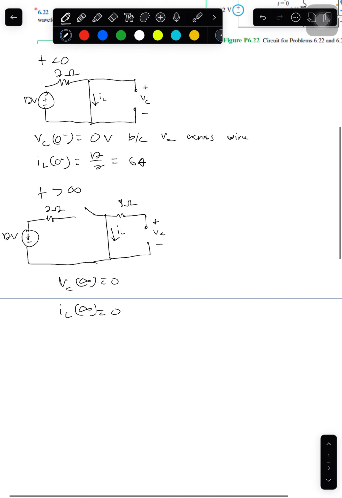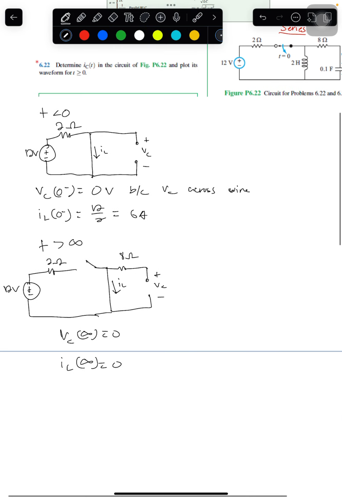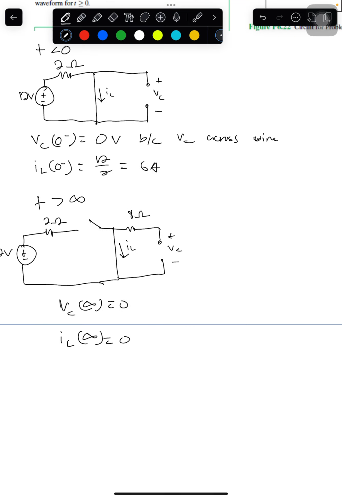Looking at the question, it also asks for IC of t after 0, and that's also going to be 0, because if IL is 0, IC is 0. Well, mainly because of that open. So we can just write IC(t) equals 0.